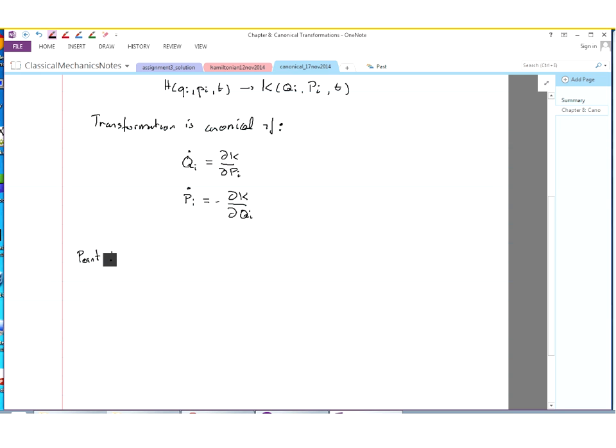So point transformations are canonical. We've already encountered point transformations. Point transformations are transforms of the type where qi is expressed as a function of only the capital Qi's and t.